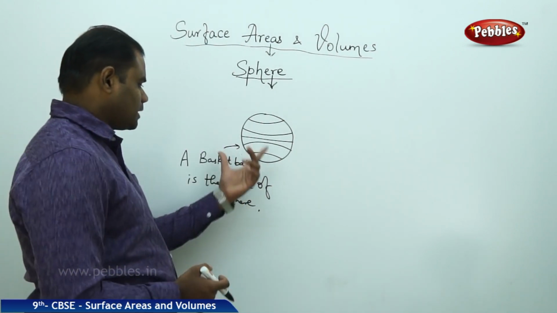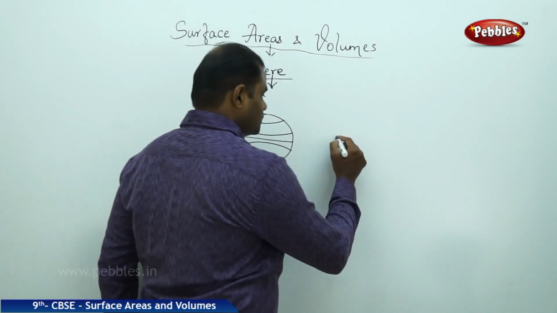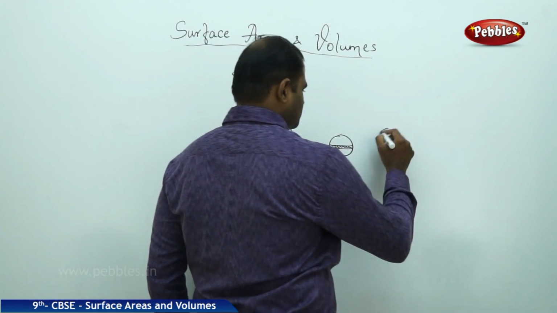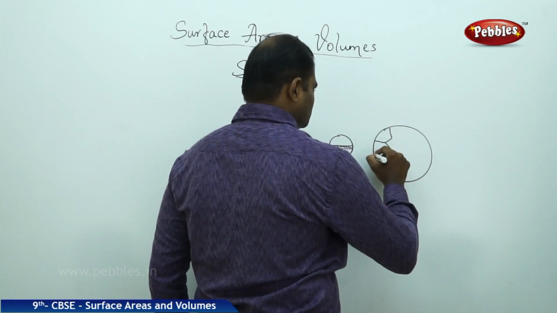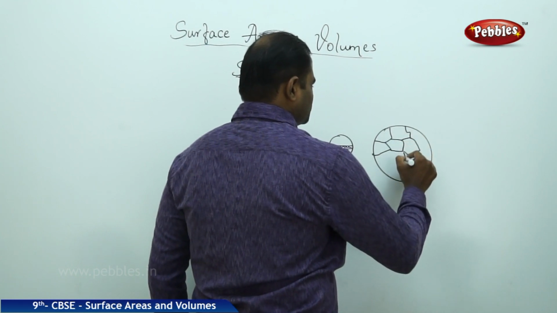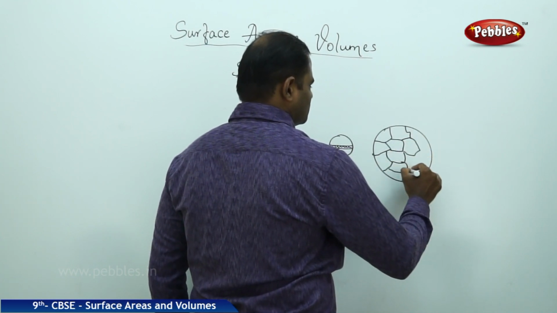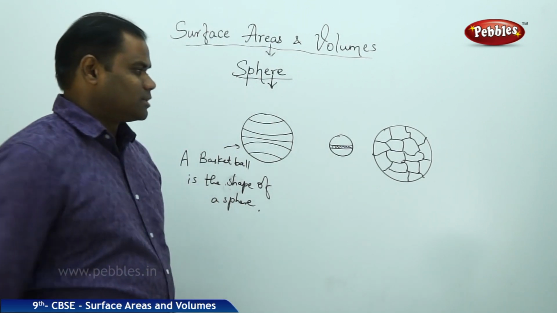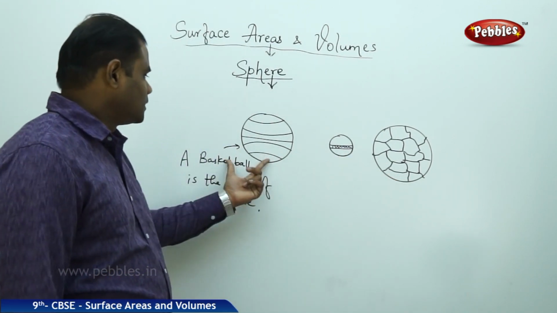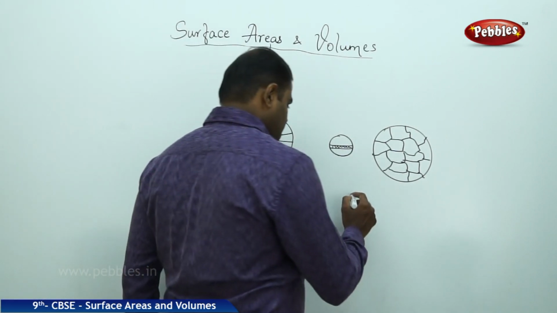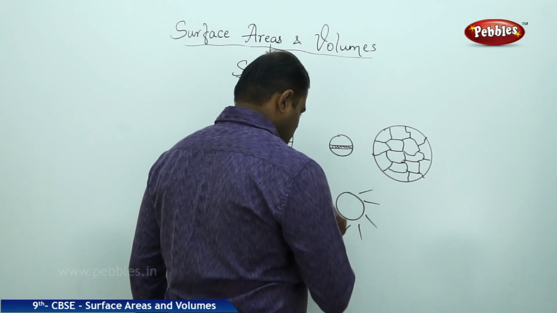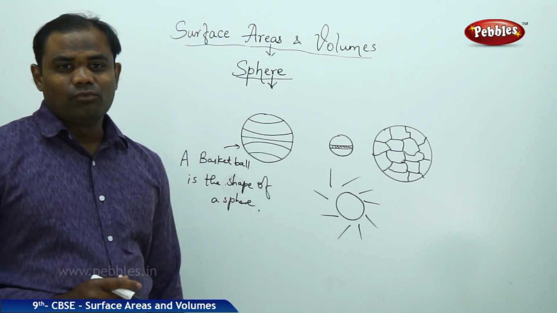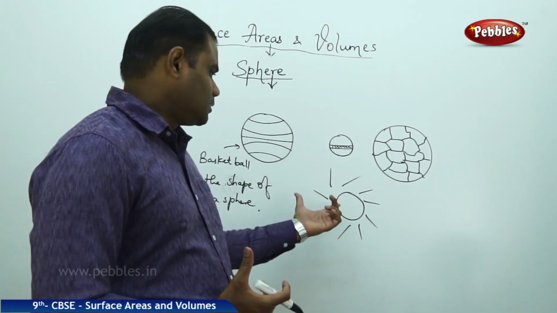As we have seen different shapes, like a basketball which looks like a sphere, a cricket ball which looks like a sphere, a football which looks like a sphere, the sun which also looks like a sphere when seen, are all different objects which look like a sphere.